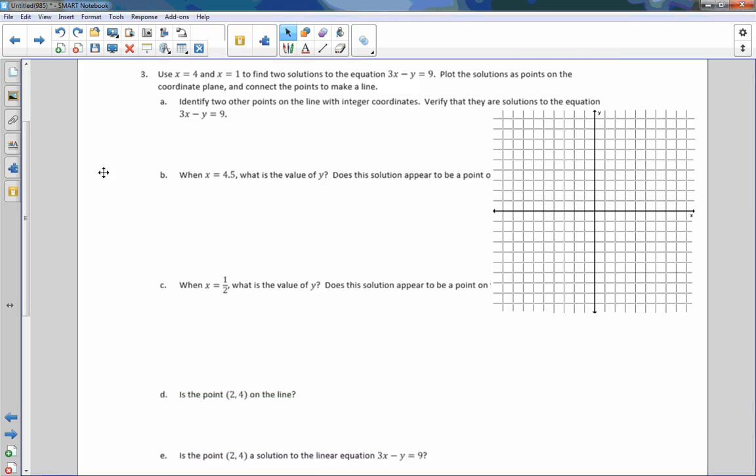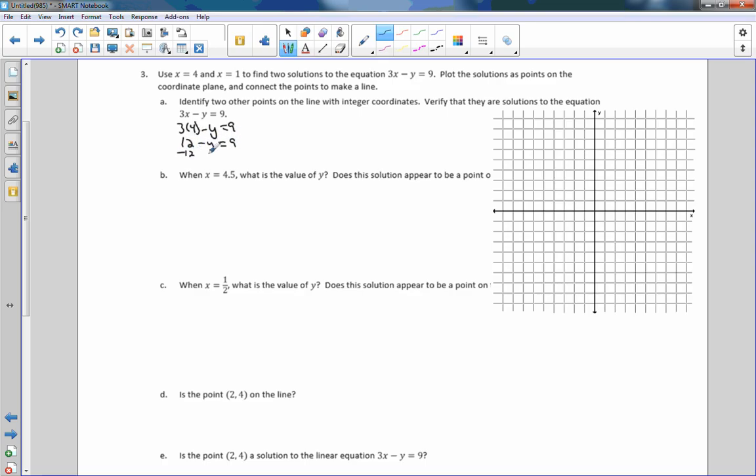Okay, so here we go. I brought in a piece of graph paper, if you will, a grid, and we will do this. So use x equals 4 and x equals 1 to find two solutions to this equation. So I'm going to plug in 4 first. So 3 times 4 minus y equals 9. 12 minus y equals 9.